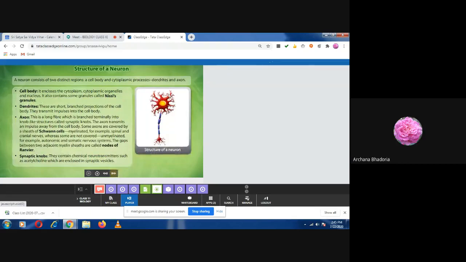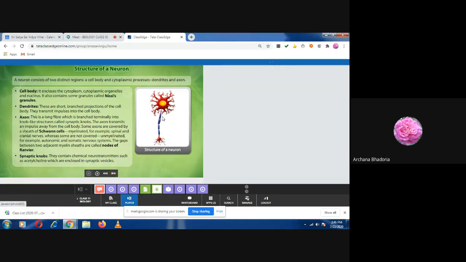These dendrites form the synapse with the other nerve cells, and the impulse will be received by these dendrites. The impulse will come to the cell body, and from the cell body it has to travel the whole axon, along the length of the axon, and only then can it reach the nerve endings. So how this conduction will take place, that we have to understand.